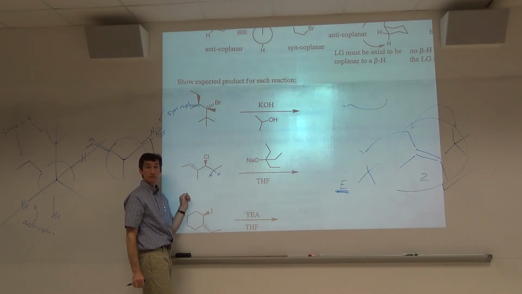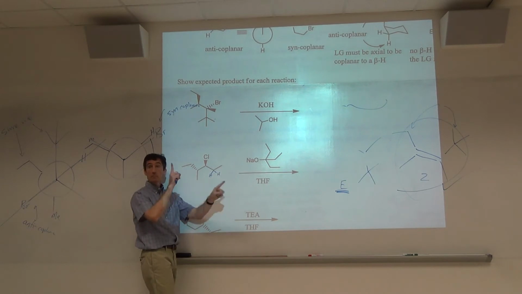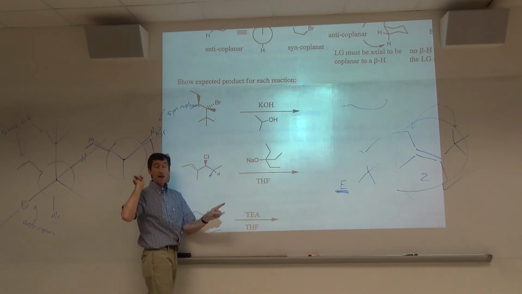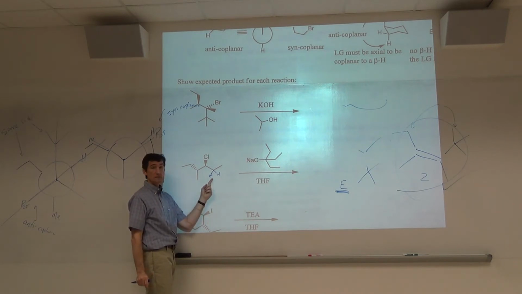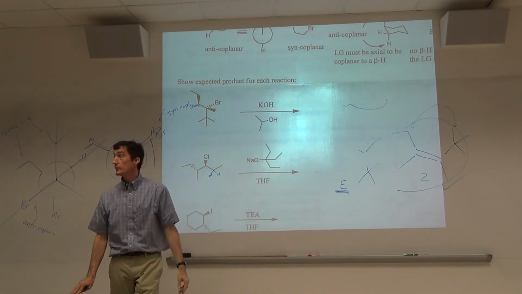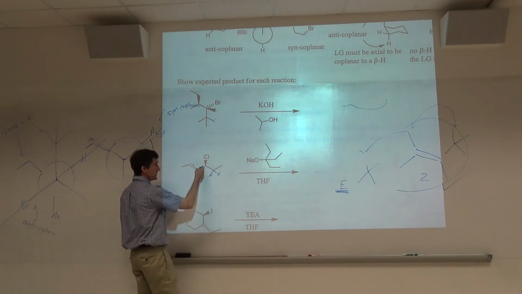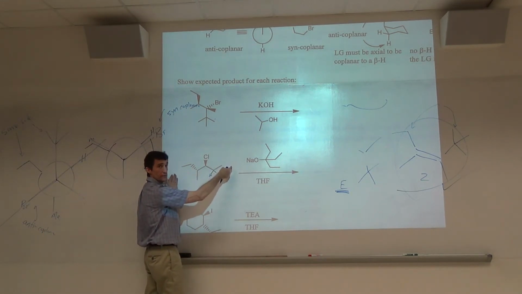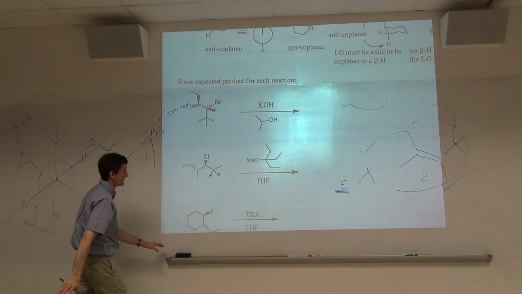Why does it not matter? Because you can rotate both and make them both in the right position. And since you can do both, something else has to decide your outcome. What decides the outcome? The stability of the products. So if you eliminate over here, you would just draw everything trans, because that's going to be the better conformation.